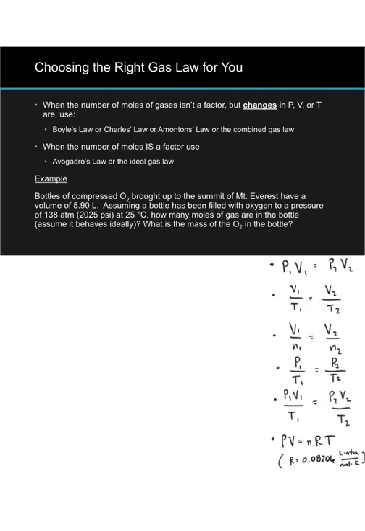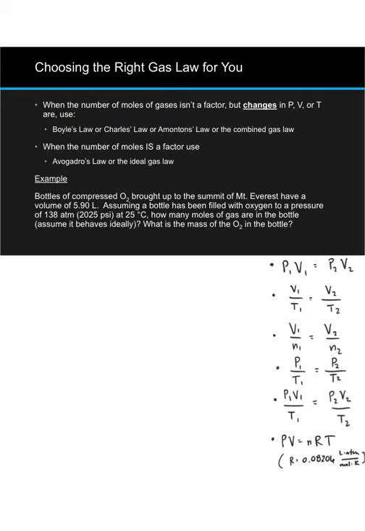And so we've come up with a laundry list of different equations that might be suitable for particular gas problems. Your job is going to be identifying which of these equations to use in a particular situation. But a shortcut that we can take is that anytime we're dealing with explicit changes, like one set of conditions versus a second set of conditions, in pressure, volume, or temperature, then we're likely to need to use Boyle's law, Charles' law, or the combined gas law, and occasionally maybe Amontons' law.